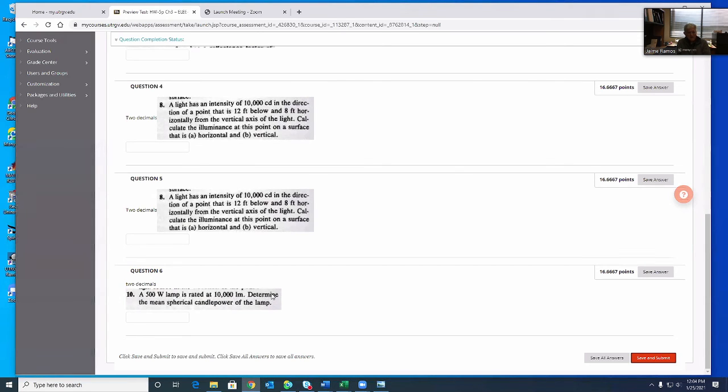But it says spherical. So what does it mean by spherical? Well, something that we can do with those two numbers is divide them. I don't see more information there.